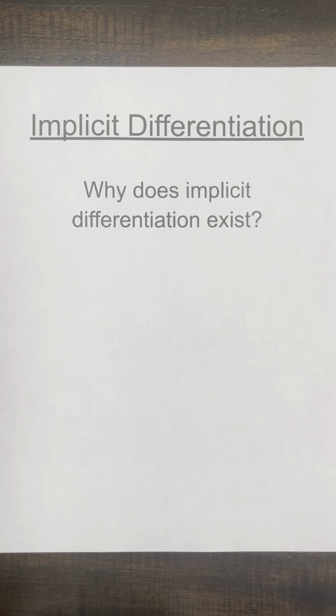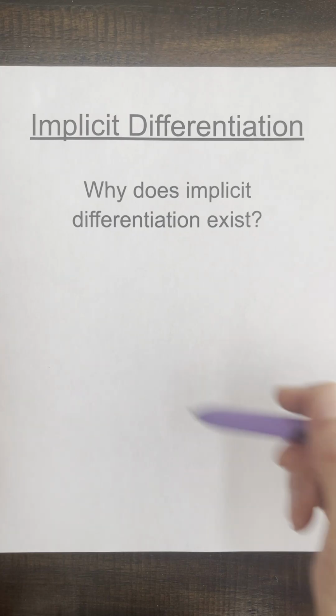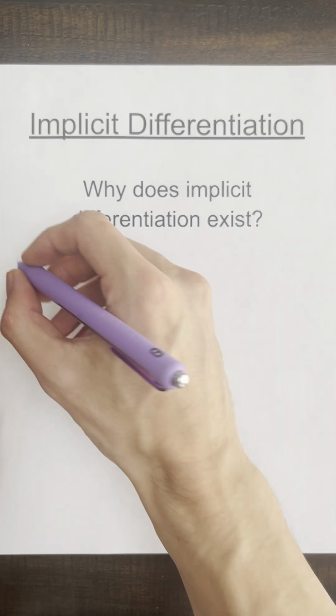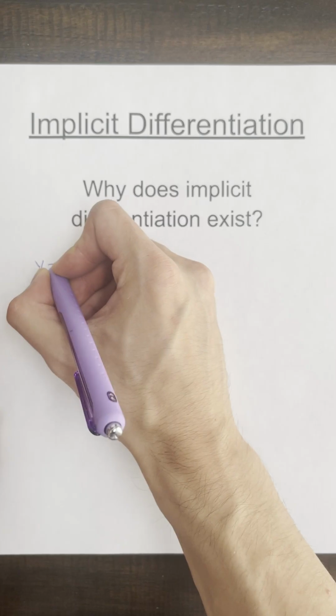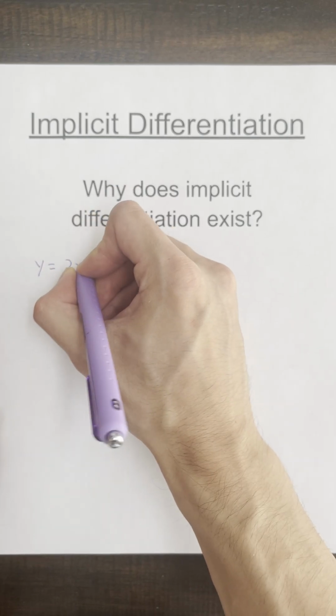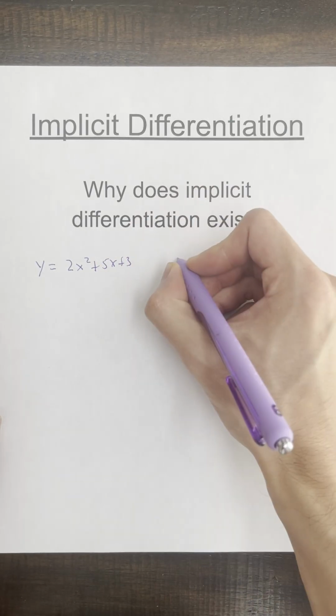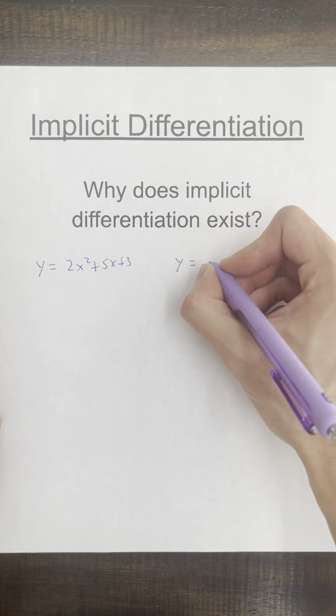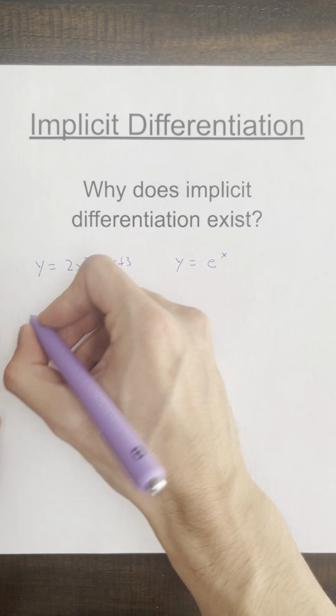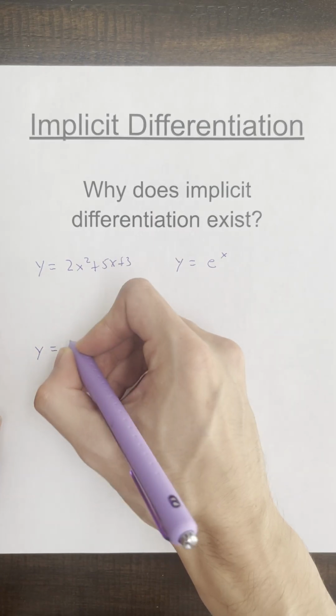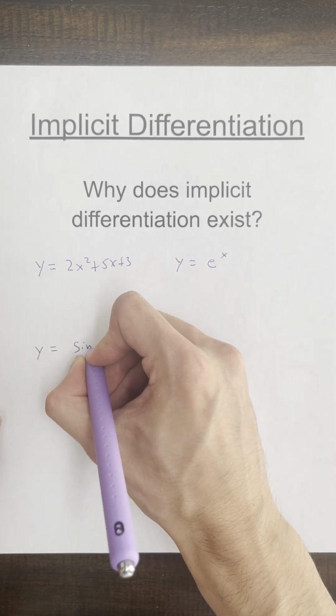Why does implicit differentiation exist? Well, up until today, what kinds of equations have we been working with in calculus? So I'm going to write out 4 equations, and you tell me what they all have in common.